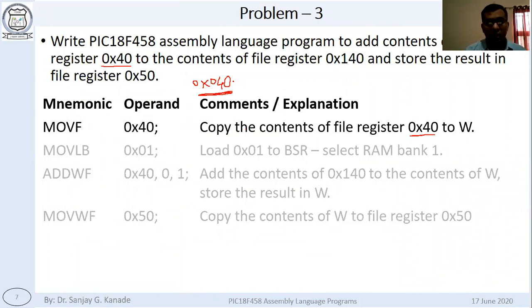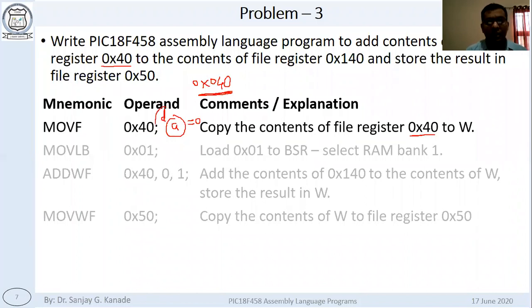First, register 40 I can access using the access bank method, so A is equal to 0 in this case. And MOVF, what are the parameters here?